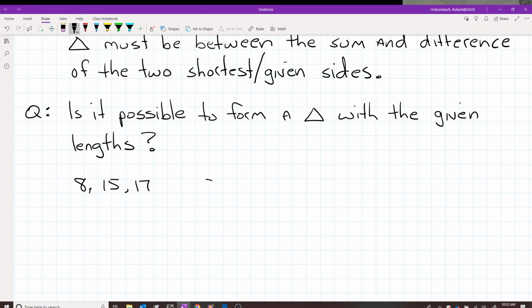So if you take 8 plus 15, is it greater than 17? Yes. Is 15 plus 17 greater than 8? Yes. And is 8 plus 17 greater than 15? It is. So is it possible to form a triangle with the given lengths, 8, 15, and 17? Yes, it is.